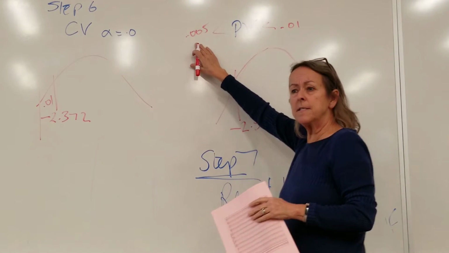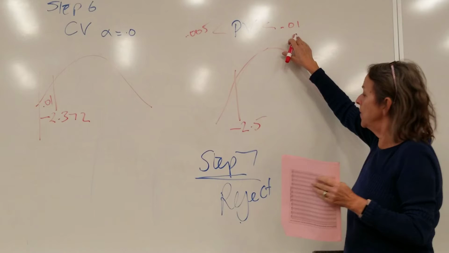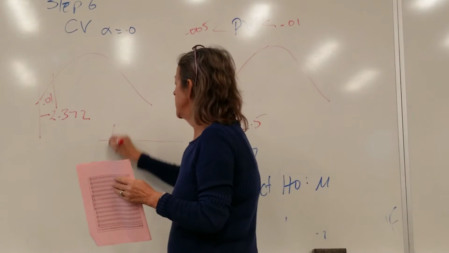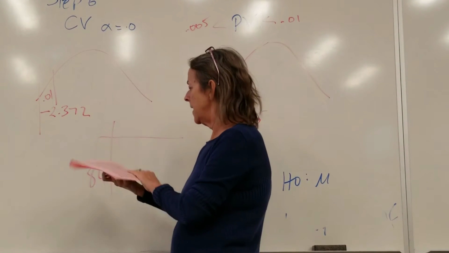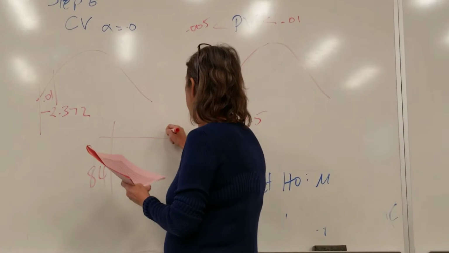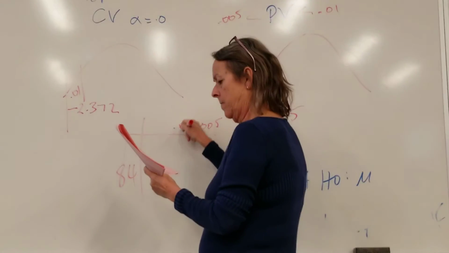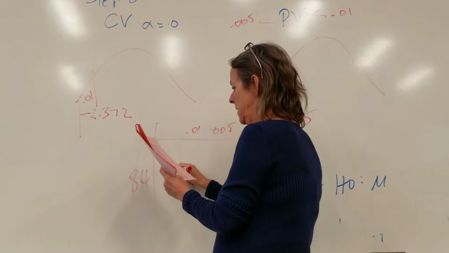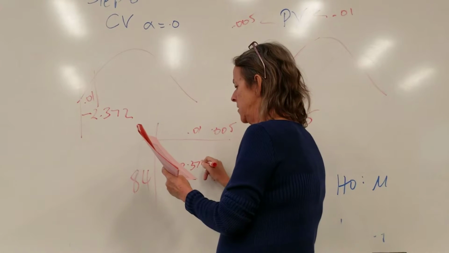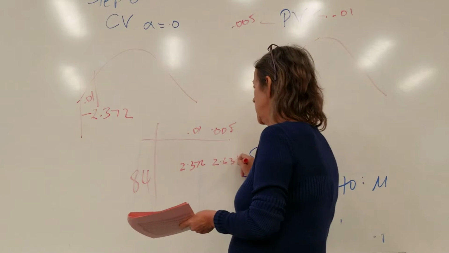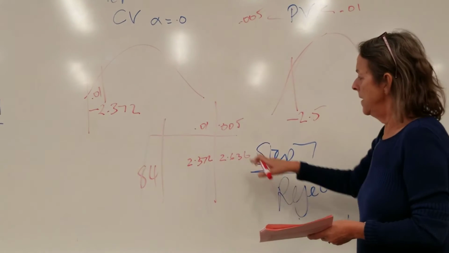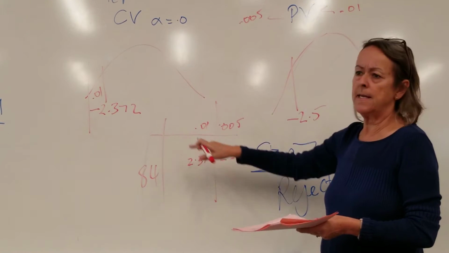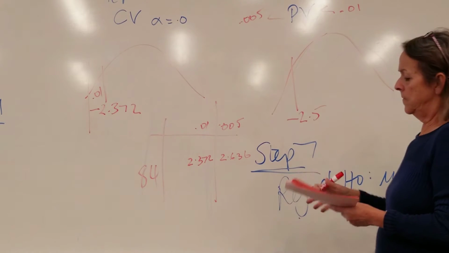It's between 0.005 and 0.01 because in the table, this one is 2.372 and this is 2.636. It's more than this, but less than that.